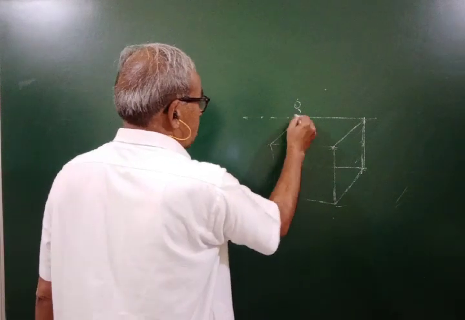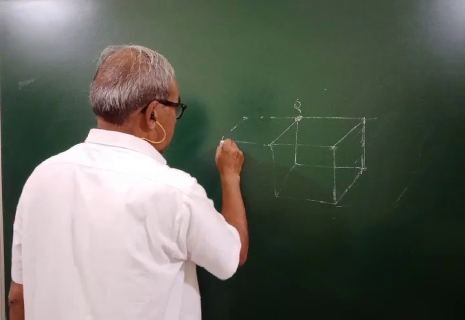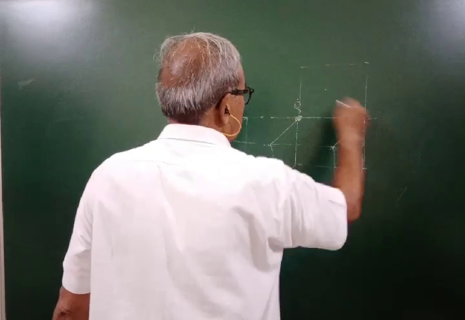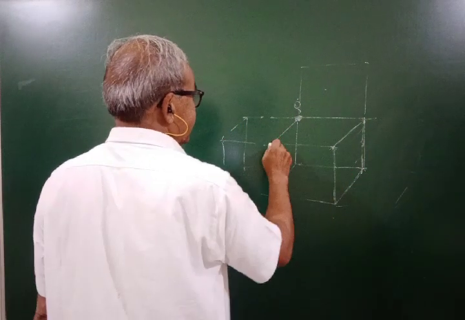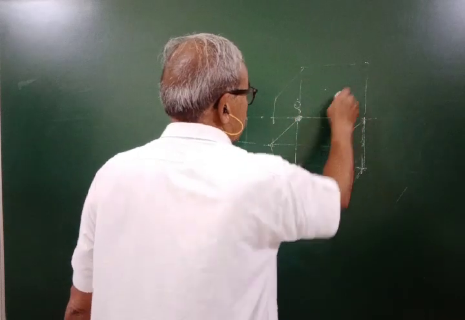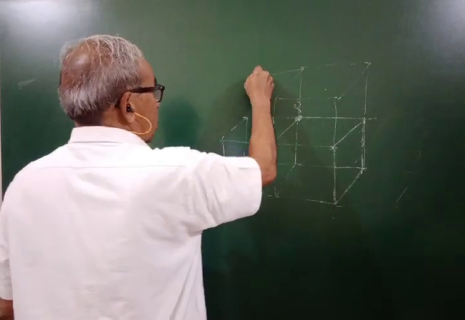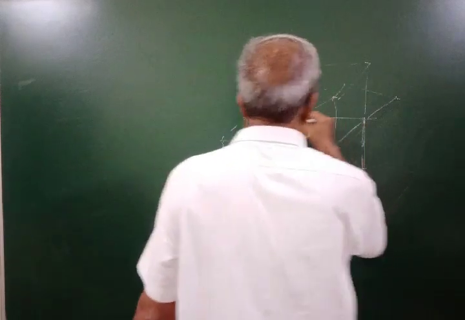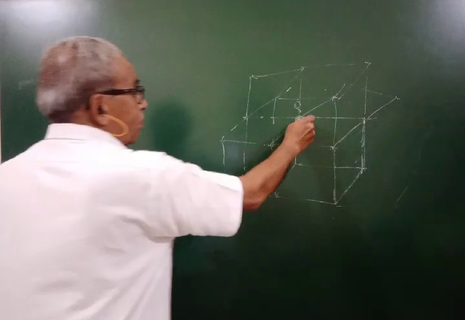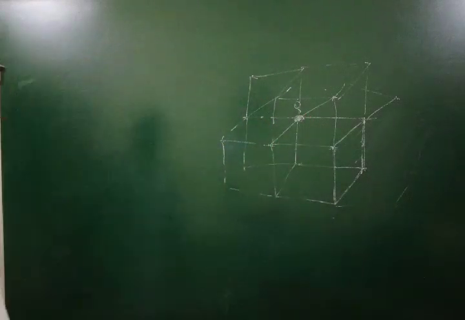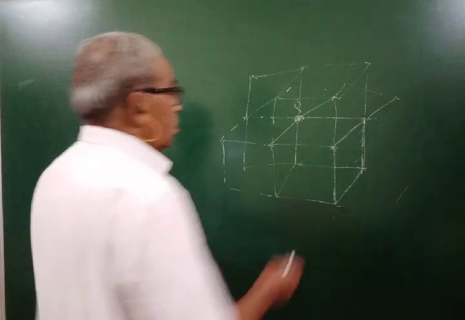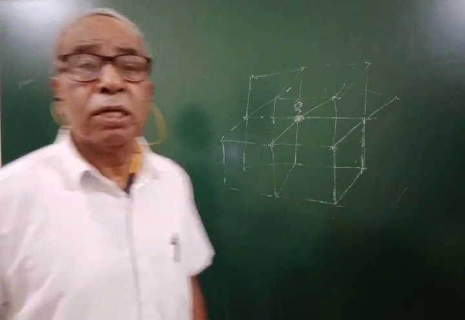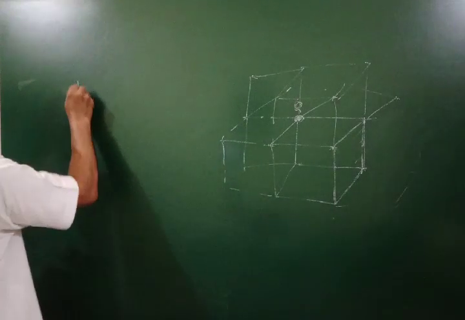We imagine cubes here in the same way, and then a cube here. That way 8 cubes will be there. How many? Because one more on this side also, and here also. So for this charge Q, 8 cubes will be there which will surround this charge.